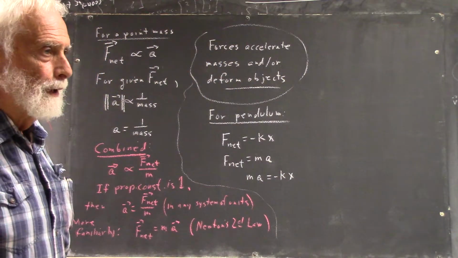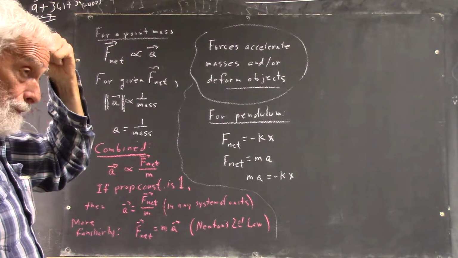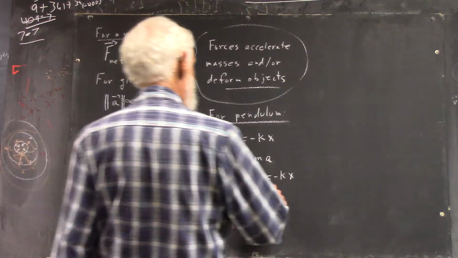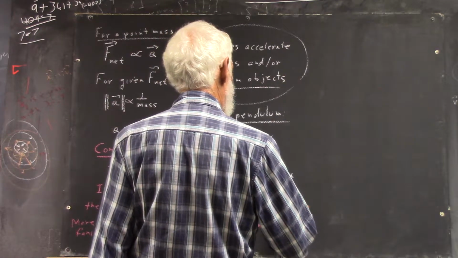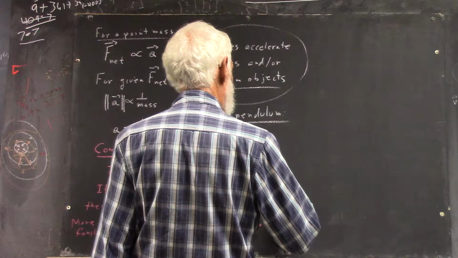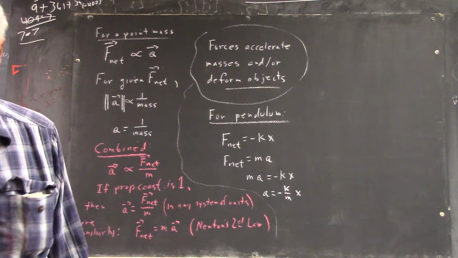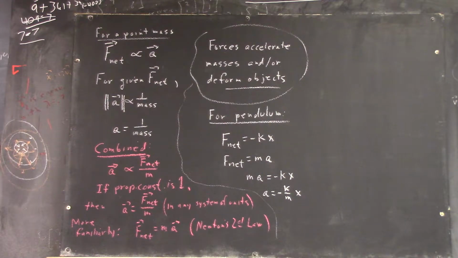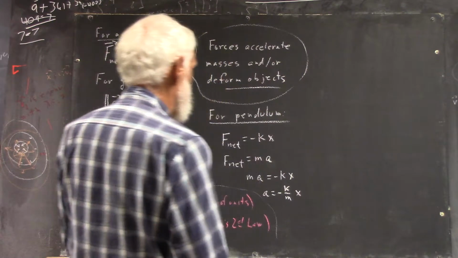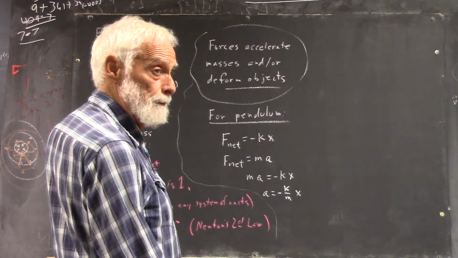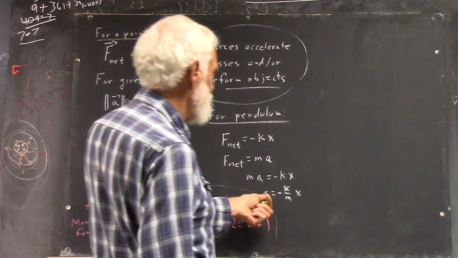So we get mass times acceleration equals negative kx. So that acceleration is equal to negative k over m times x. Make sense?